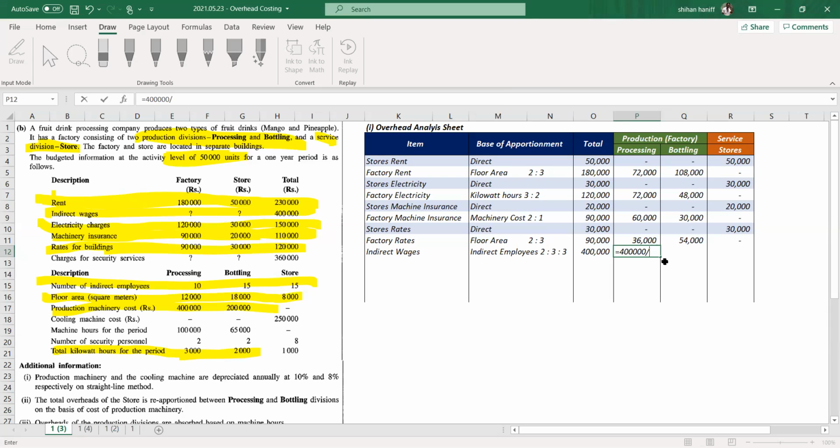Divide by 8 into 2, 100,000. Divide by 8 into 3, 150,000 and 150,000.